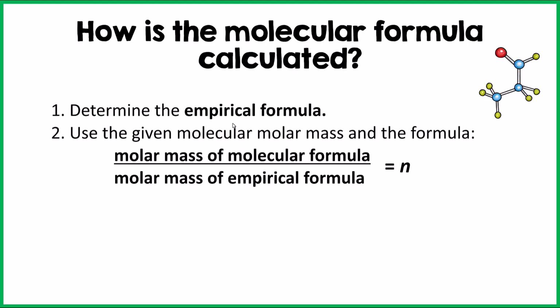So once we calculate the empirical formula, then we use a given molecular molar mass and the formula here: the molar mass of the molecular formula, so the whole compound, divided by the empirical formula mass, or the smallest ratio, and that will give us N, which is the number that all of those subscripts need to be multiplied by.